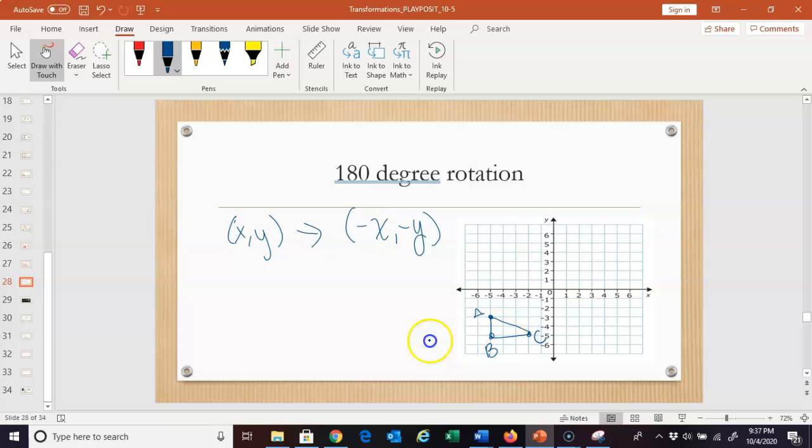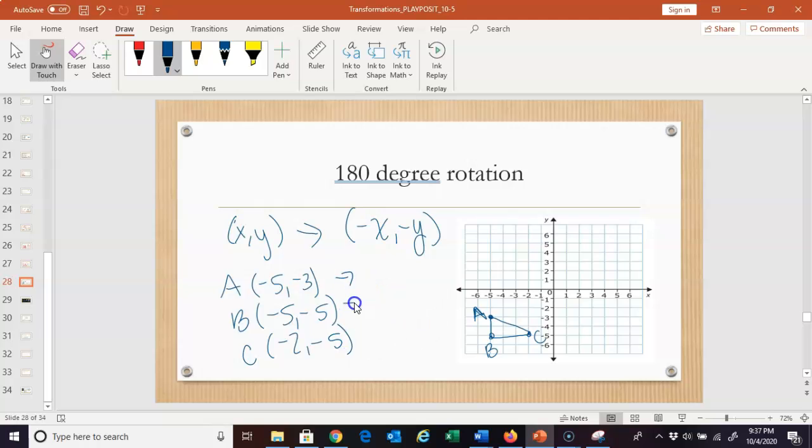Label A, B, C. Rotations are also, I think, challenging to do visually, but if you're up for it, you guys go right ahead. A is negative 5, negative 3. B is negative 5, negative 5. And C is negative 2, negative 5.